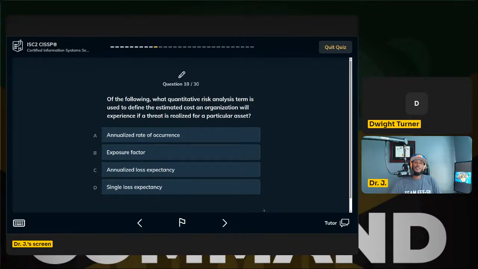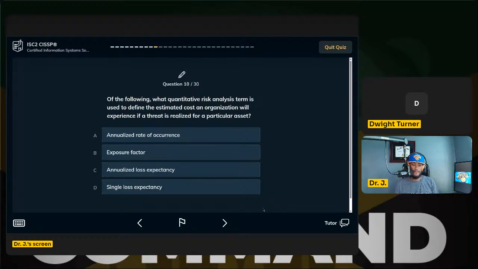All right, next: what quantitative risk analysis term is used to define the estimated cost an organization will experience if a threat is realized for a particular asset? What quantitative is used to define the estimated cost of an organization?